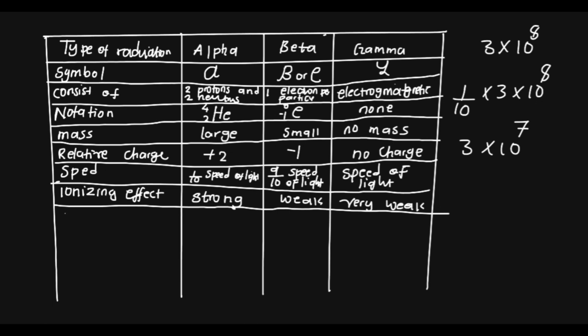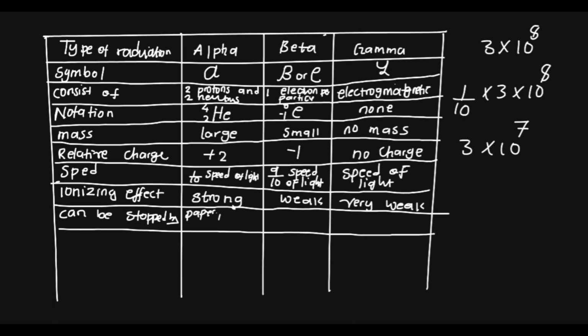Then from there we can also look at what it can be stopped by. So here we look at the substances which alpha, beta and gamma cannot pass through. So let's look at alpha. Alpha cannot pass through paper, then cloth, human skin, etc. Then we can move on to beta.